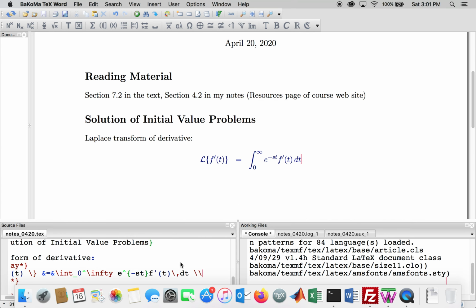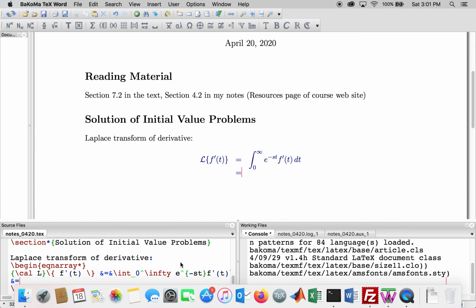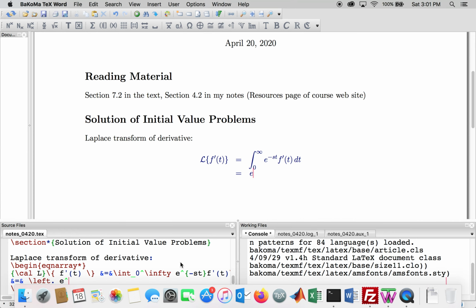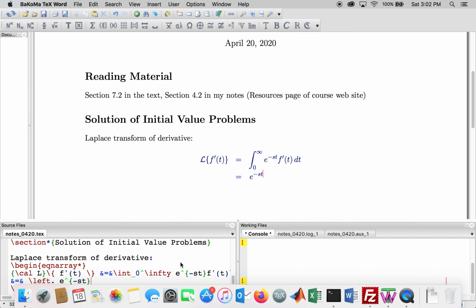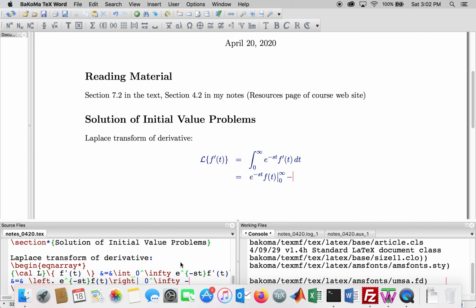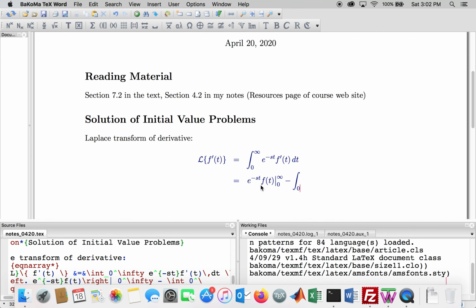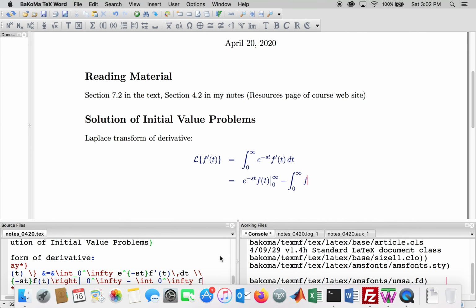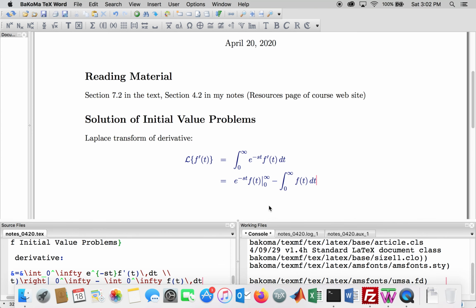So integration by parts would give me u, which is e to the minus st, times v, which is f of t, with limits 0 and infinity. And then I have minus the integral of v, which is f of t, times du.